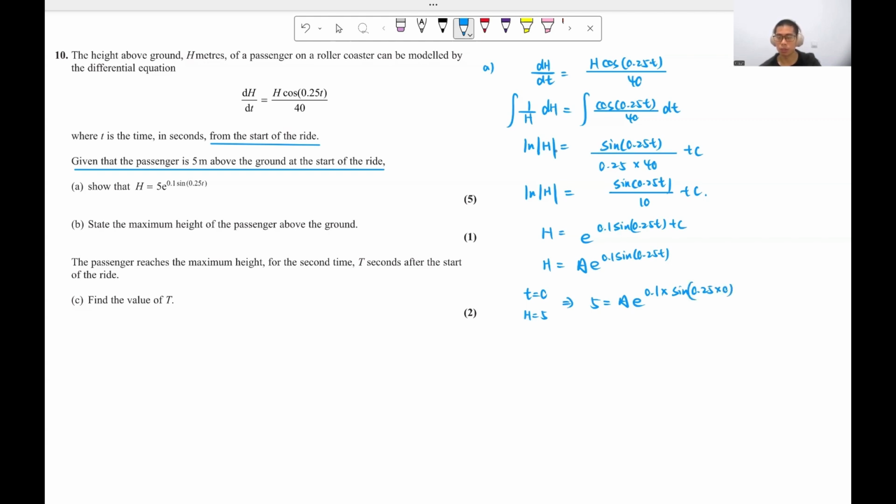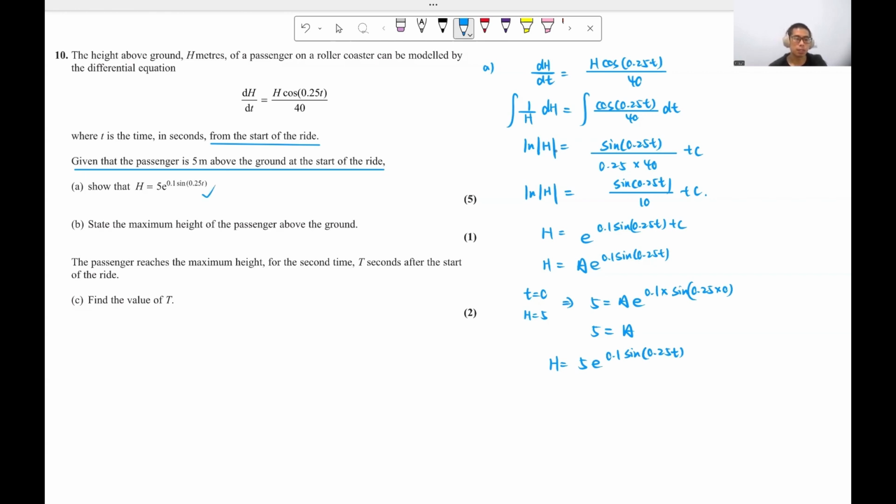Anything times 0 is 0, sine 0 is also 0, so 0.1 times 0 is also 0. So 5 equals A times e to the power of 0, which is 1. So A is equal to 5. Then we have h equal to 5e to the power of 0.1 sin(0.25t). That is the form we want in part A.